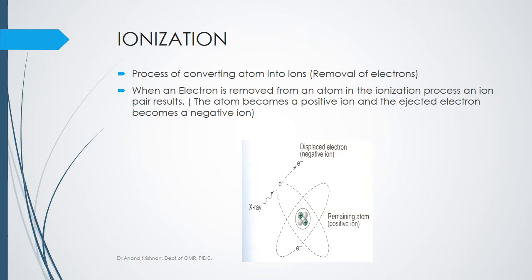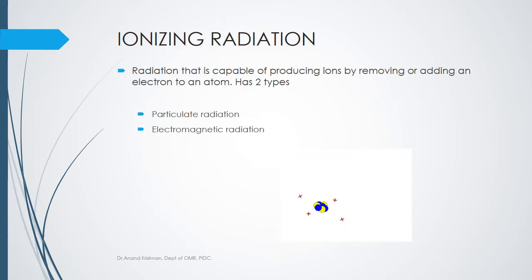How water is converted into hydrogen peroxide, H2O to H2O2, with the influence of ionization, is what we'll be studying in detail in radiation biology. But for now, just know that ionization is the process by which electrically neutral atoms or molecules are converted to electrically charged atoms or molecules.